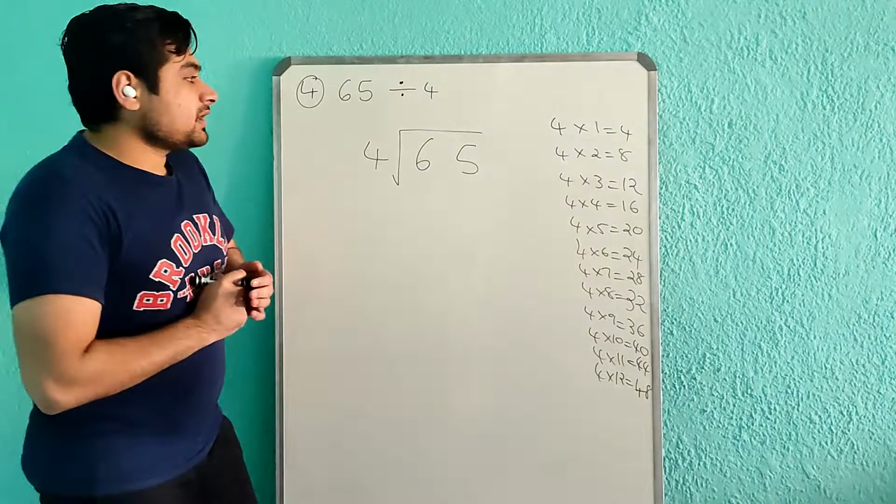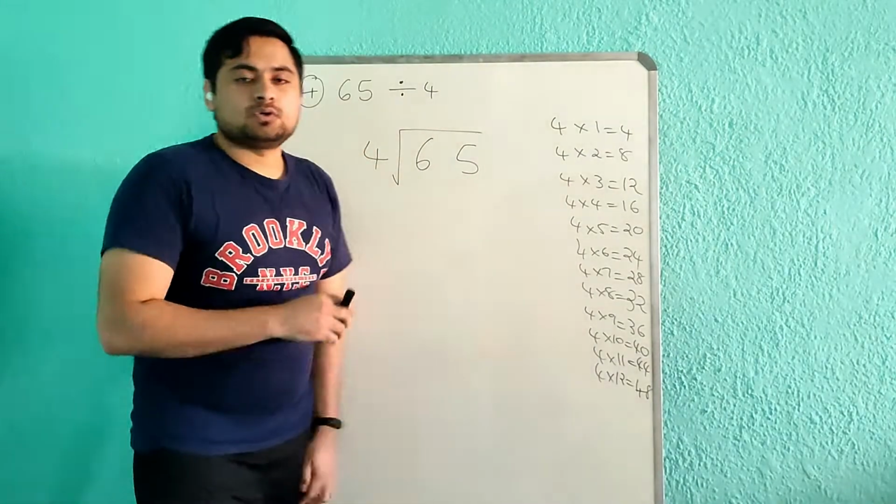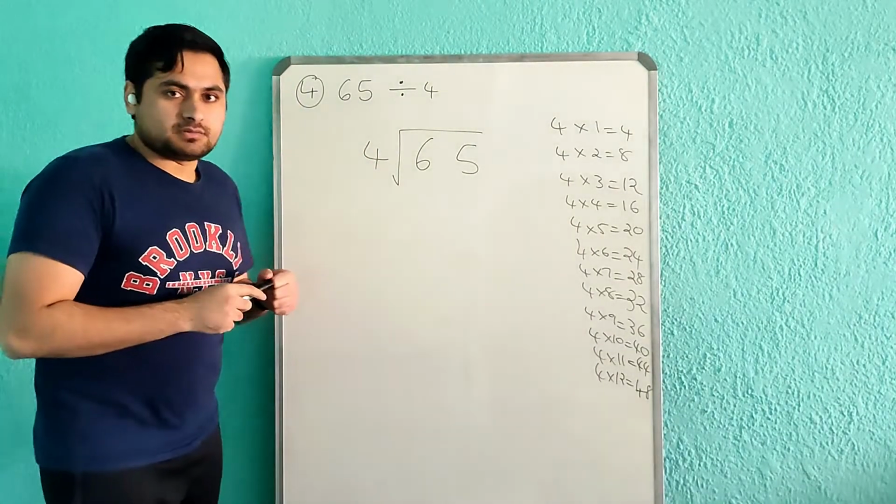So always write your tables from 4 up to 12. Now let's go and solve this, right?